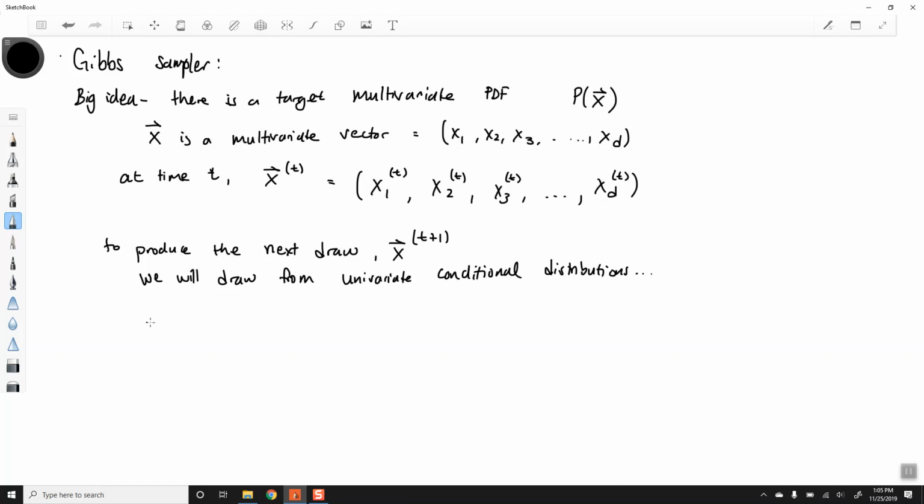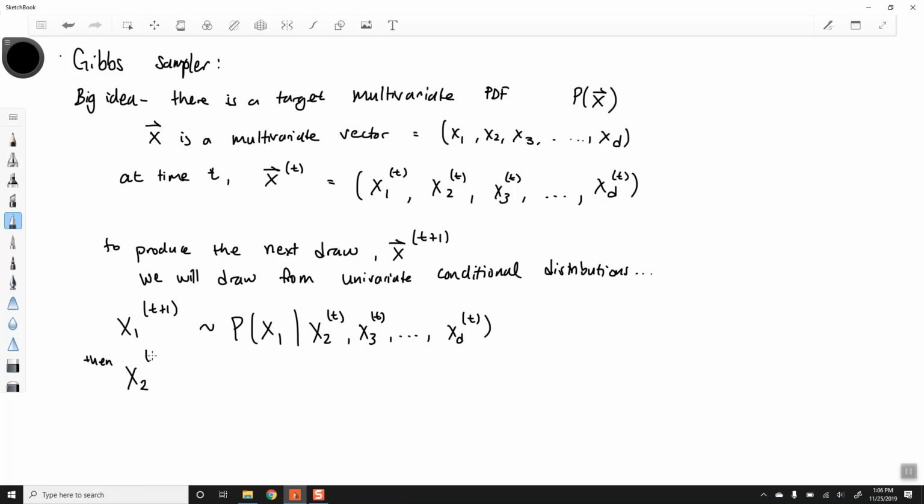We draw x1 at time t plus 1 from the probability distribution of x1 given the values x2 at time t, x3 at time t, all the way up to xd at time t. Once we have drawn x1 at time t plus 1, we move to the next value.